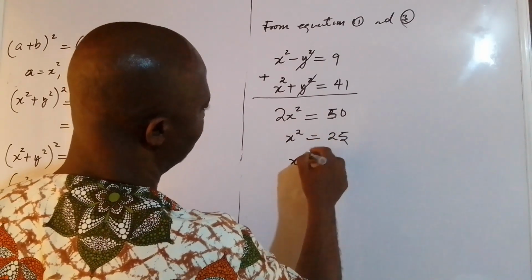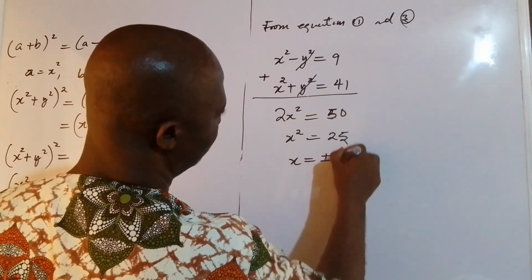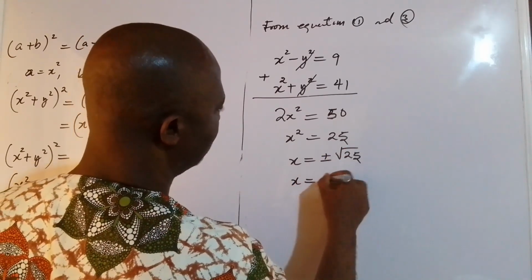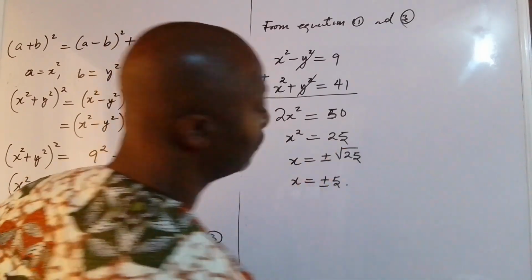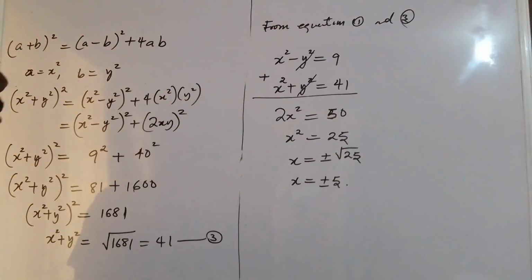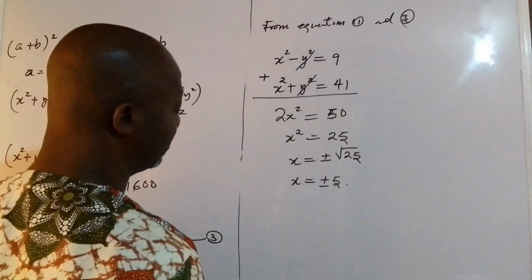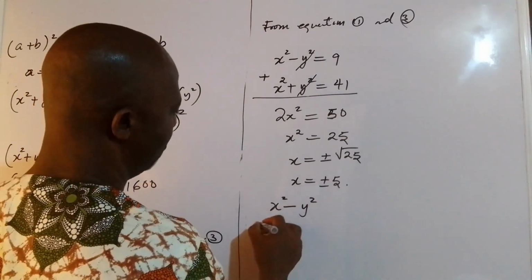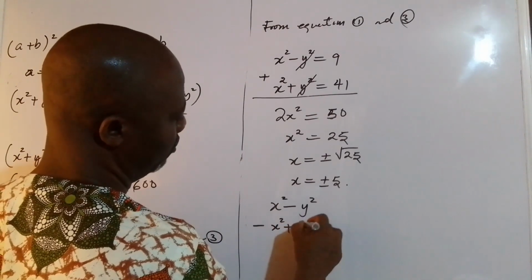Then x will be equal to plus or minus the square root of 25, and so x will be plus or minus 5. All right, so that's by adding. If we go ahead and subtract, we have x squared minus y squared minus (x squared plus y squared).